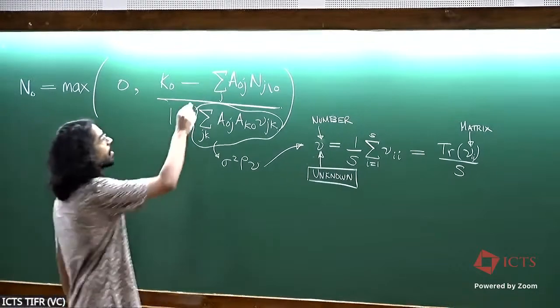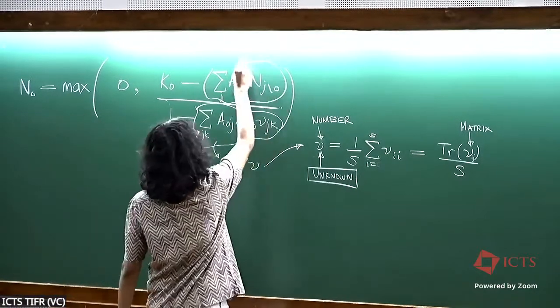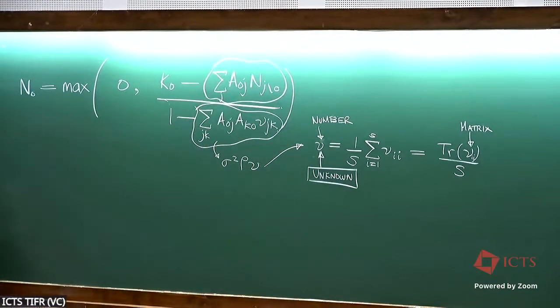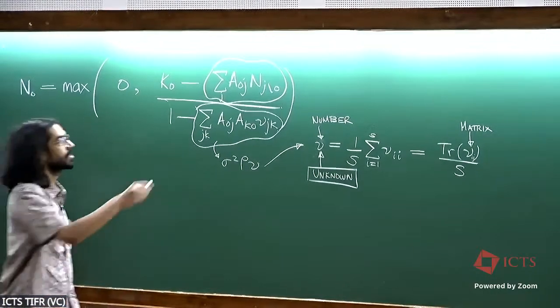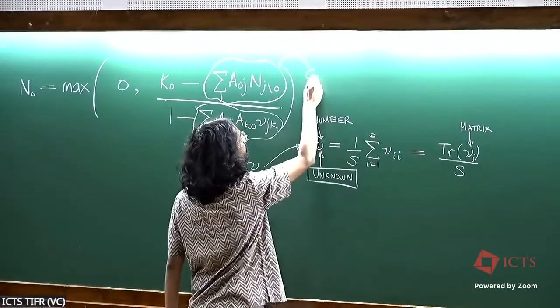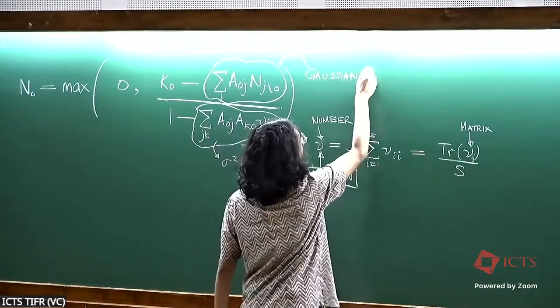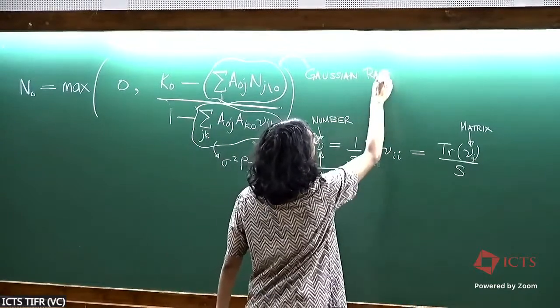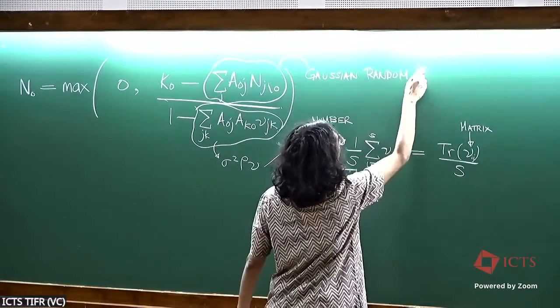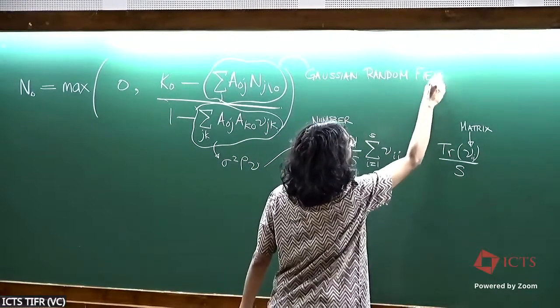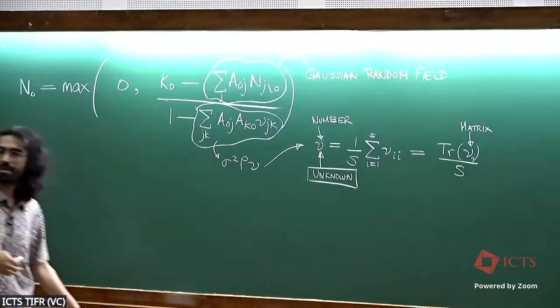We were also arguing yesterday, and this is where we left off, that this should be a Gaussian random field. And what was the argument there? Right, this is almost a guess at this point.